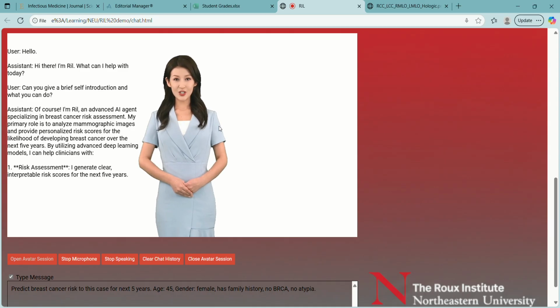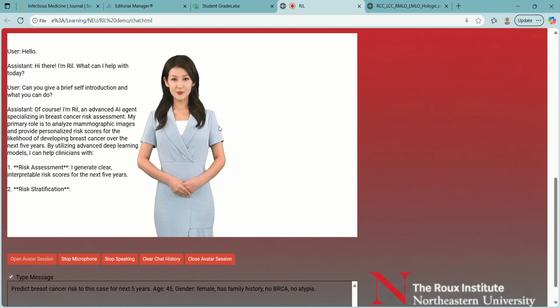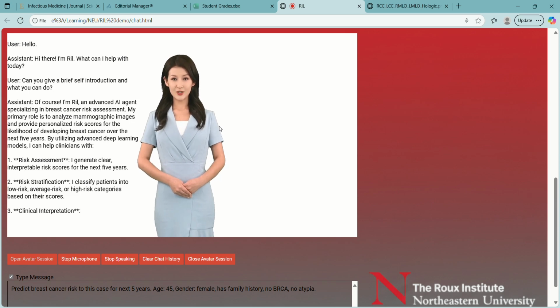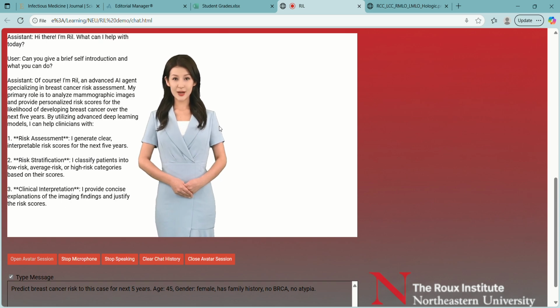I generate clear, interpretable risk scores for the next 5 years. 2. Risk stratification. I classify patients into low risk, average risk, or high risk categories based on their scores. 3. Clinical interpretation. I provide concise explanations of the imaging findings and justify the risk scores.